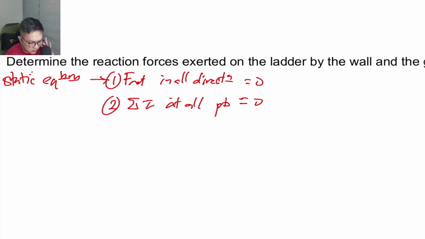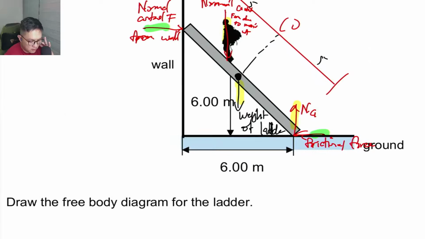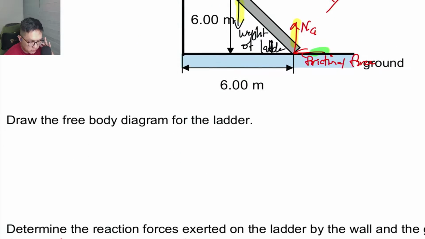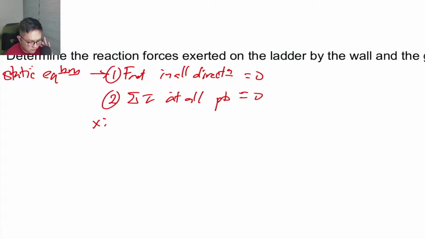In the x direction, I can say that NW is equal to F. NW, the normal reaction force on the wall, is equal to the frictional force. Or NW minus F equals 0.